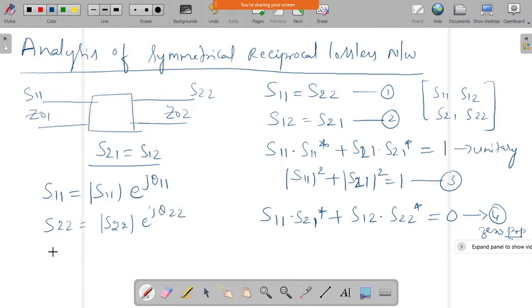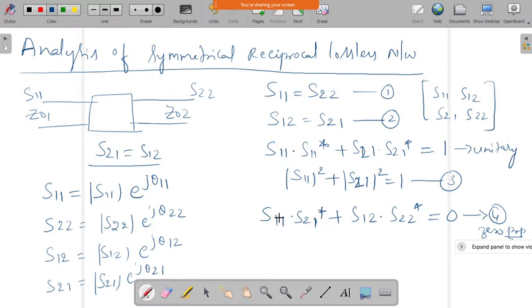Similarly, S12 is the magnitude of S12 times e power j theta 12, and S21 is the magnitude of S21 times e power j theta 21. Now we have these phase and magnitude representations.